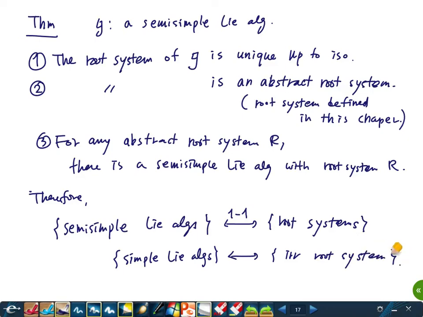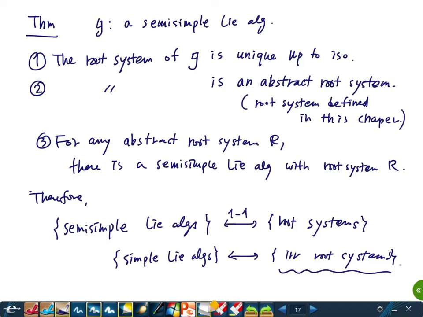That means if you can classify irreducible root systems, we can classify simple Lie algebras. We know the classification theorem for this, so we can translate that into a classification theorem of simple Lie algebras. Semi-simple is basically a direct sum of simples, so if you know simples, that's enough.